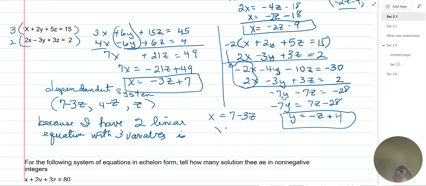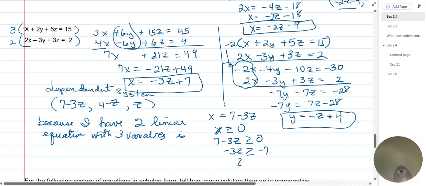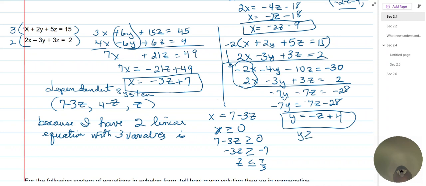So x has to be greater than or equal to 0. So we have 7 minus 3z greater than or equal to 0, negative 3z greater than or equal to negative 7. And then when we do the math on a negative divided by a negative, I'm going to have z is less than or equal to 7/3. And then on the y, I have y is greater than or equal to 0.